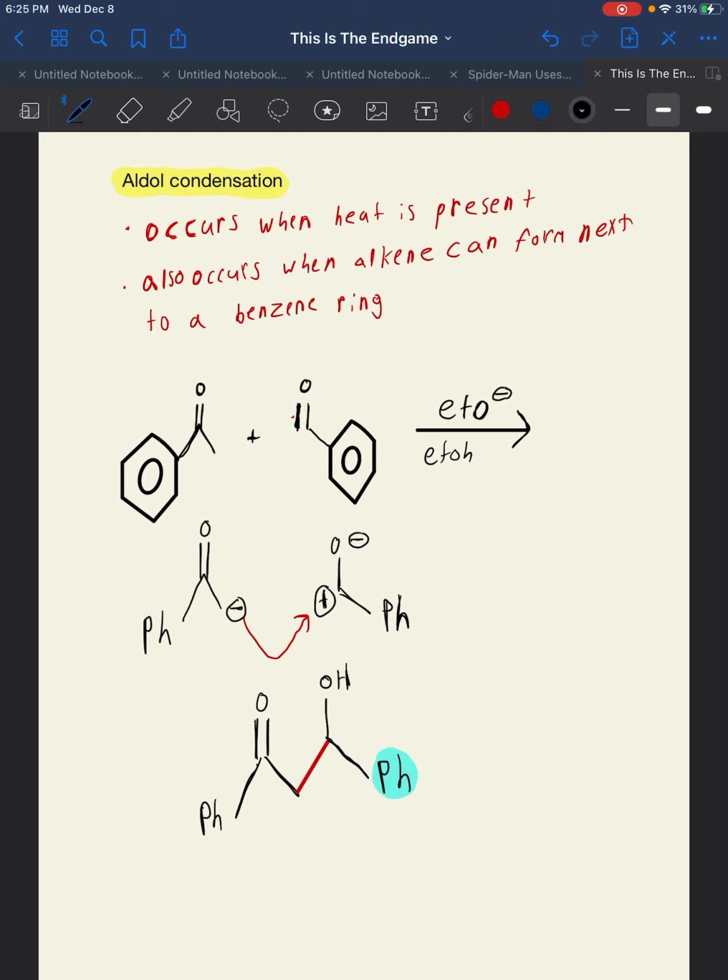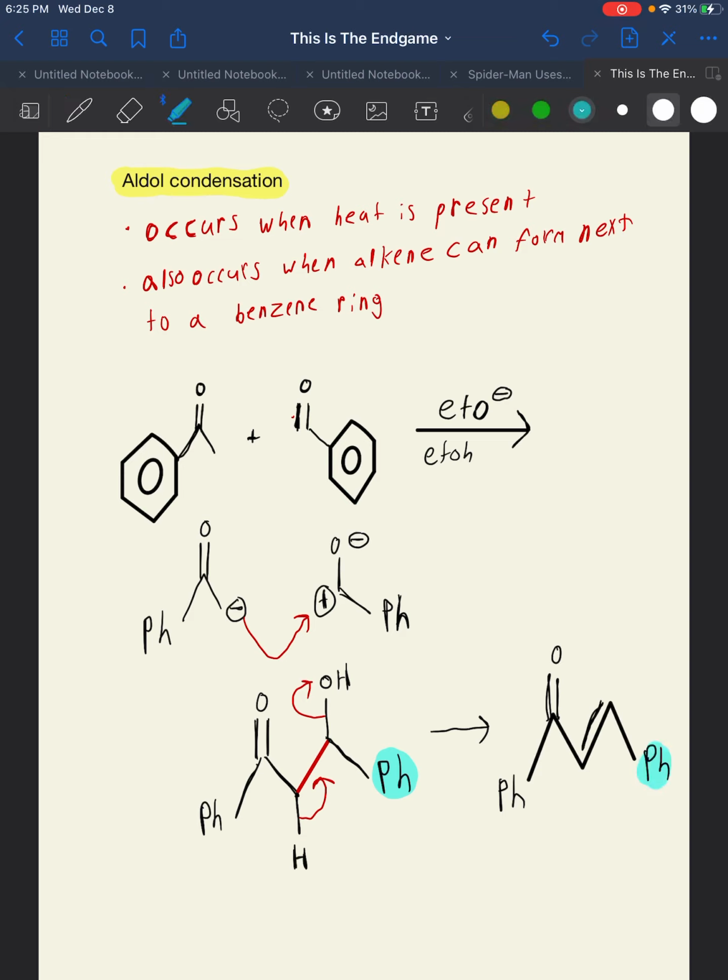And how that occurs is you have a hydrogen here that can donate its bond in, forming an alkene bond, and then the OH group can then leave, giving you the aldol condensation product, which would look like this right here. And this is the favored product in this situation due to that adjacent Ph ring.